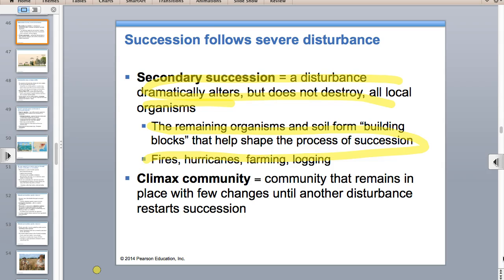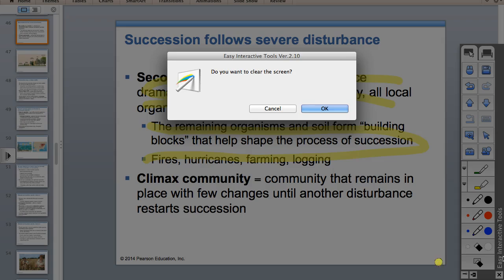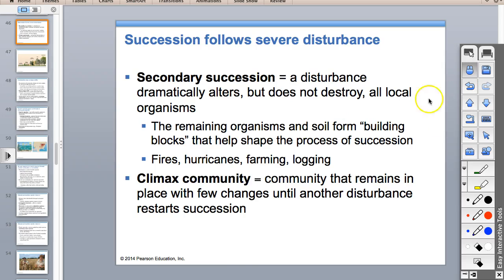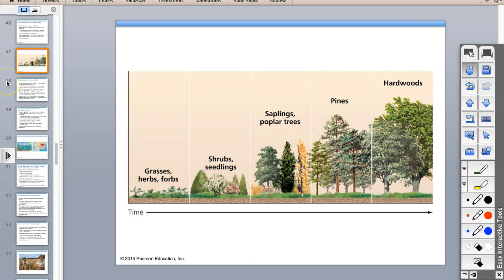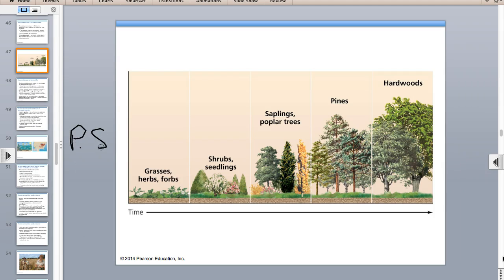The climax community is that end result where you become stable. So let me show you a picture of that. If you start with primary succession, I'm going to draw it in here, you're going to have mosses and lichens, and they're going to make the soil for you. So that's primary succession.